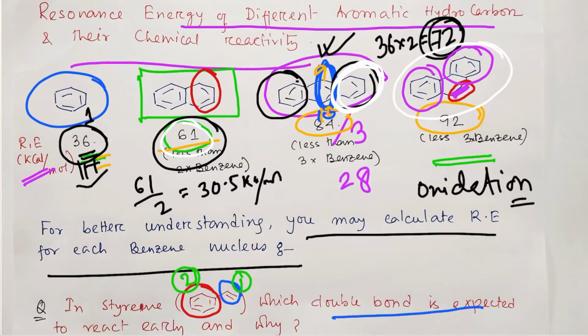Obviously this external double bond, because after the reaction of this double bond the loss of resonance energy is minimum, whereas if you react the double bond in the benzene ring, the loss of resonance energy is far higher. Because of this logic, the reactivity of styrene you can see on this double bond part.